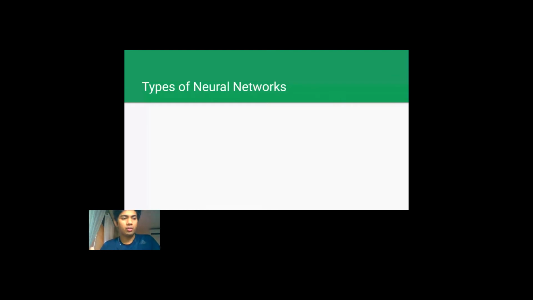Types of neural networks. There are a lot of different types of neural networks, but for the scope of this fest, we just have three. One is what we learned yesterday: the artificial neural networks, or multi-layer perceptrons. Everything that was taught today comes under this, and the term multi-layer perceptron is for the same thing. Then recurrent neural networks, which Anjali has told you we are going to cover in the afternoon.